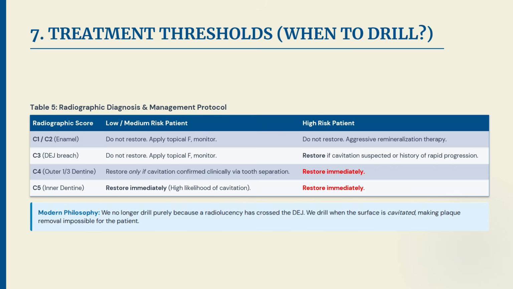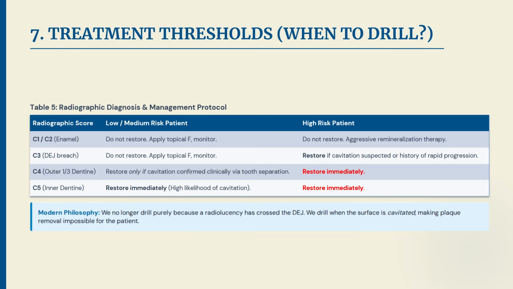Now, just recently we discussed the radiographic score C1 to 5 and all that stuff. So this is diagnosis and management. I think it's part of your assessment cluster. So what are we doing here? I would like to go from backwards. So C5 and C4, you are restoring it immediately.